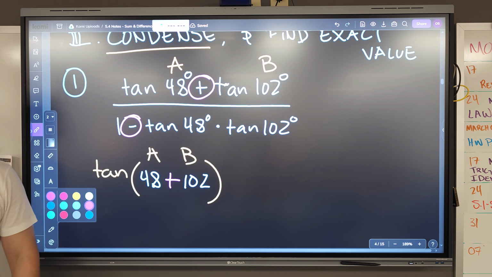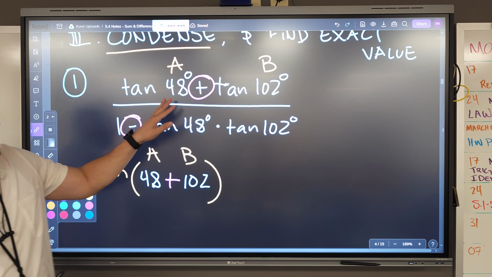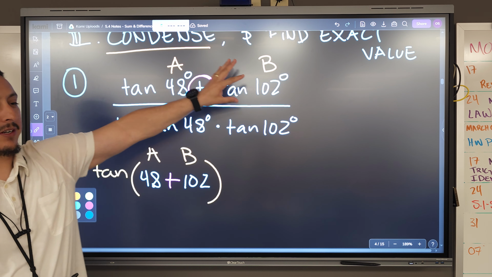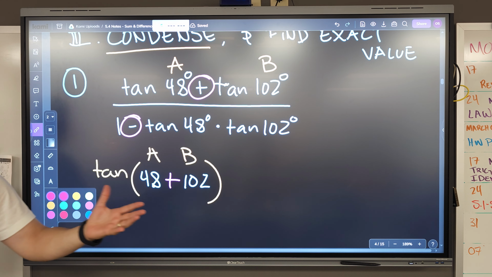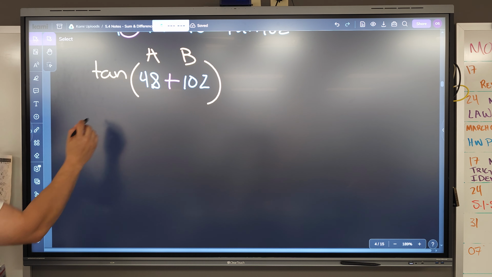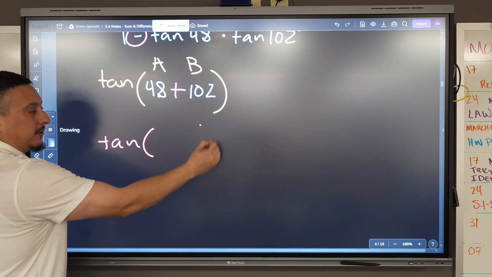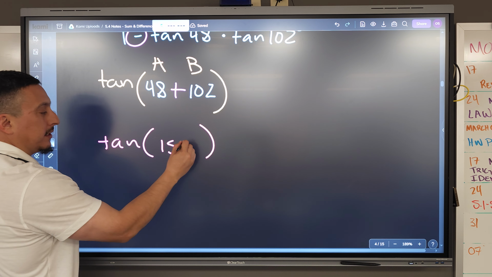Everybody okay? I remember this because I saw a student do this last period. They start getting these values, which aren't even on the unit circle, and if you start converting all these values, it makes a giant mess. We just want to condense this, which we did. Can we add 48 and 102? Absolutely, they're just numbers. What does that equal? 150.